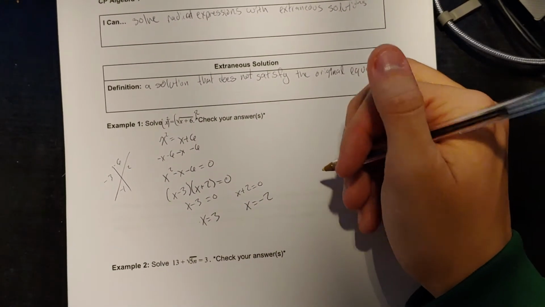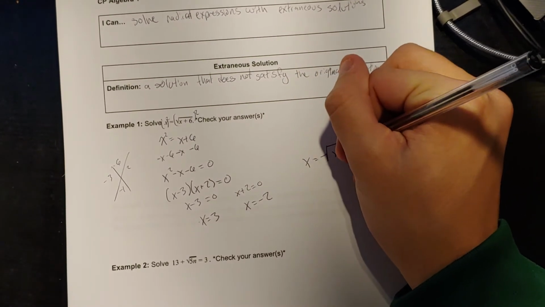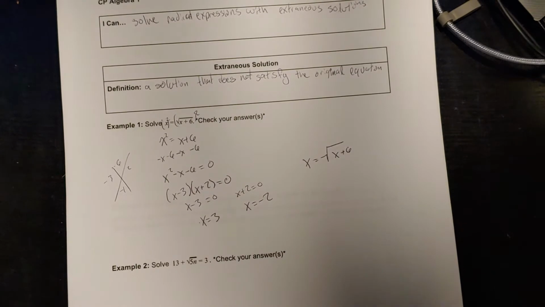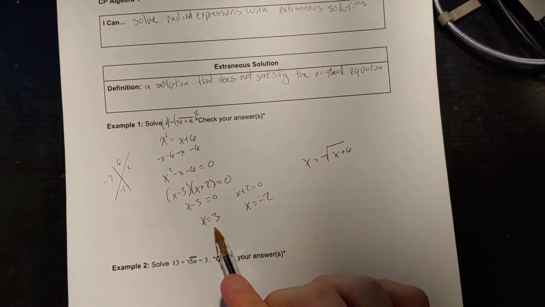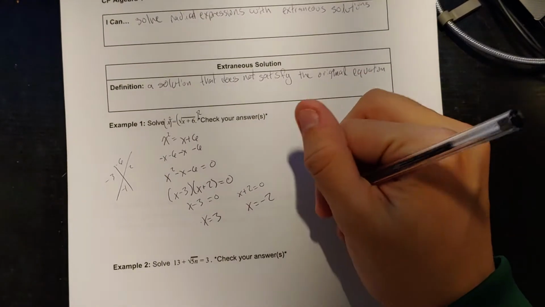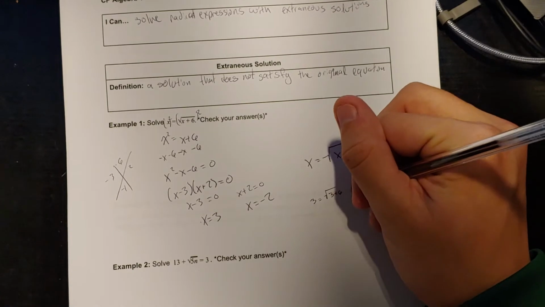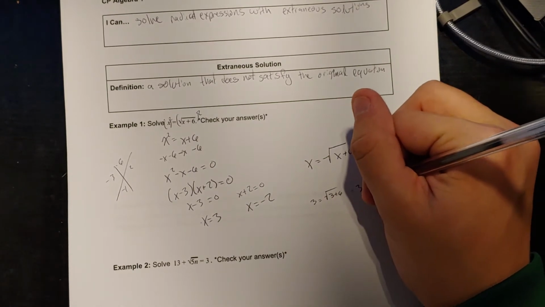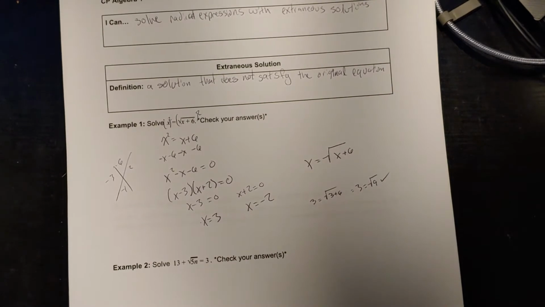If you remember, our original equation was x equals the square root of x plus 6. We just want to think about plugging these back in. So if I plug 3 back in, 3 equals the square root of 3 plus 6. 3 equals the square root of 9, which is true. So that answer checks out.